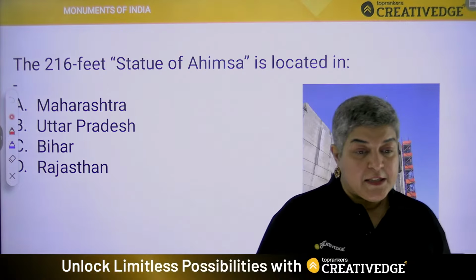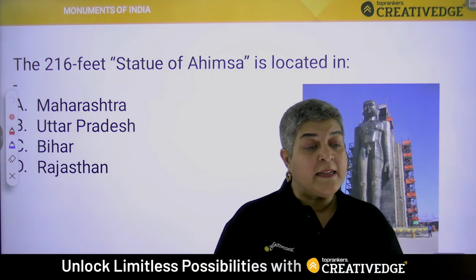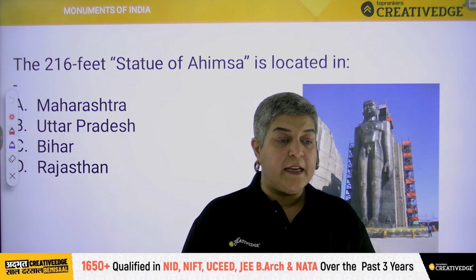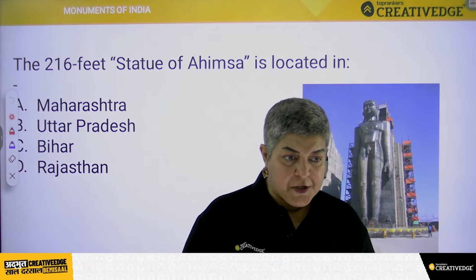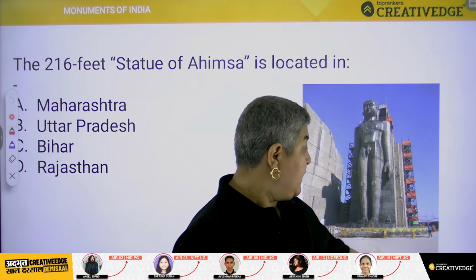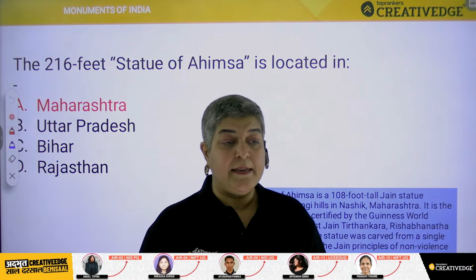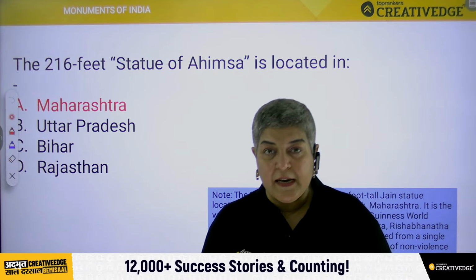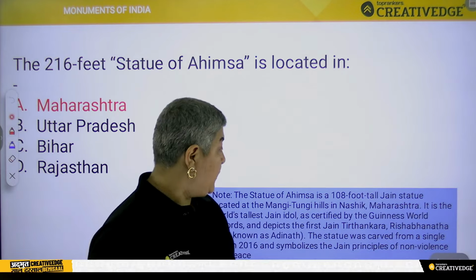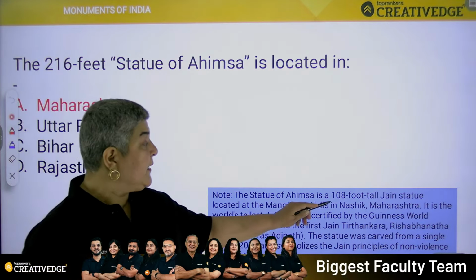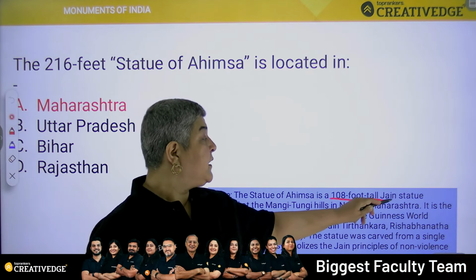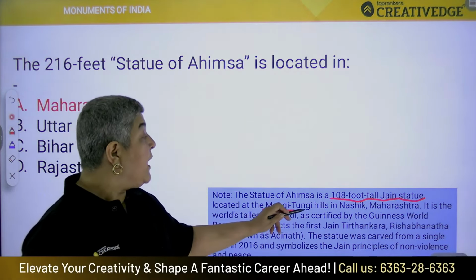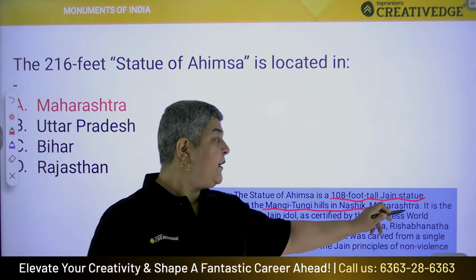The next question that you can see is, the 216 feet statue of Ahimsa is located in Maharashtra, Uttar Pradesh, Bihar, or Rajasthan. So the correct answer to this, guys, is Maharashtra. And where in Maharashtra can we see this? So yes, the Statue of Ahimsa is a 108-foot tall Jain statue located in the Mangitungi Hills in Nasik in Maharashtra.